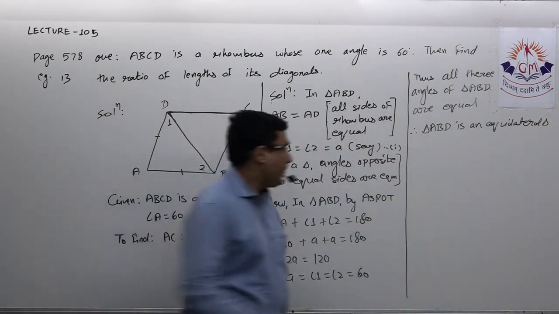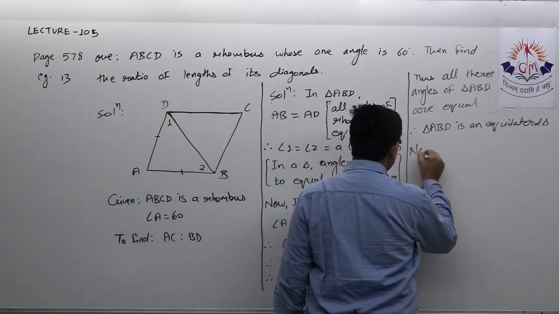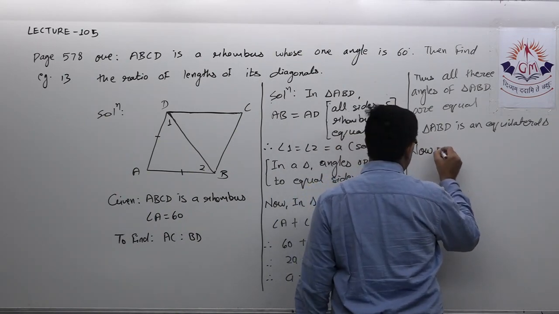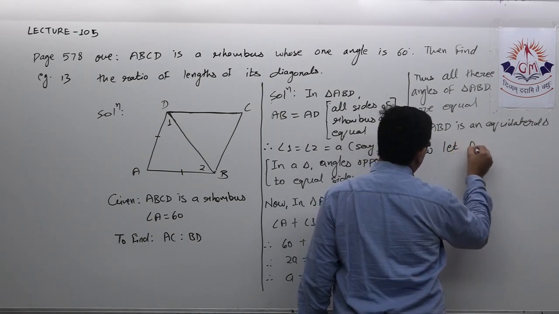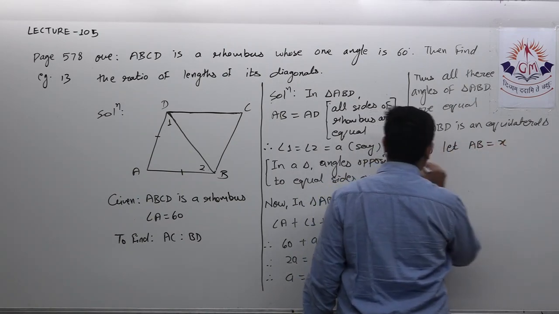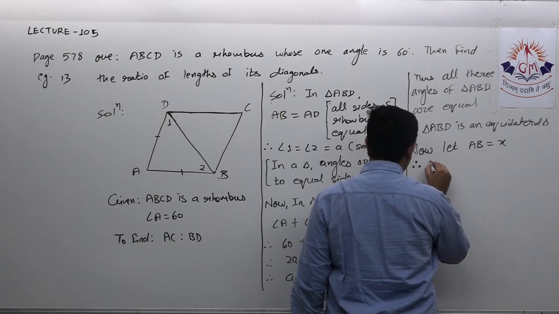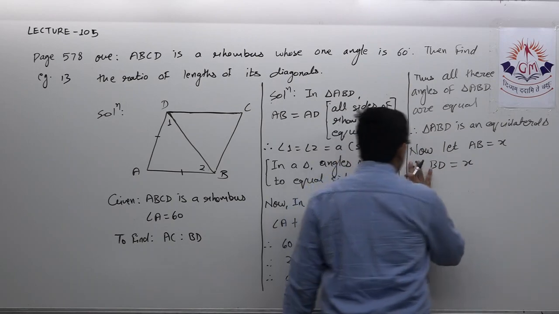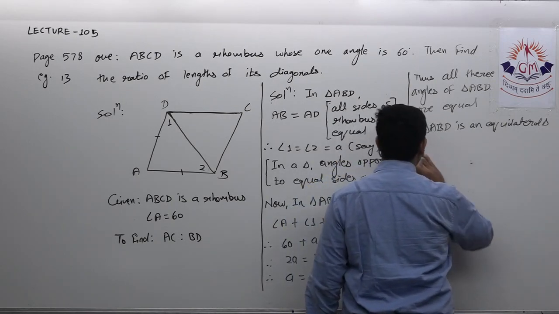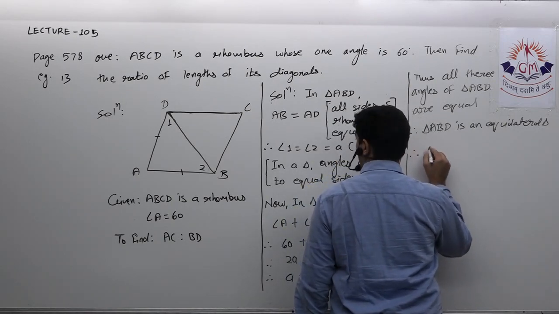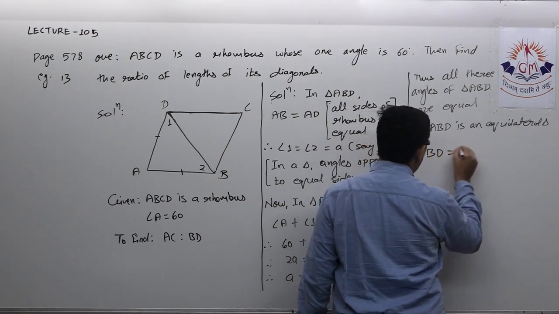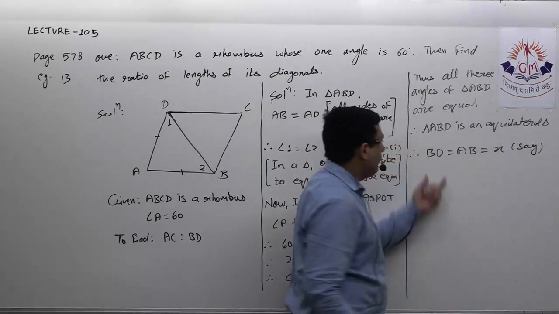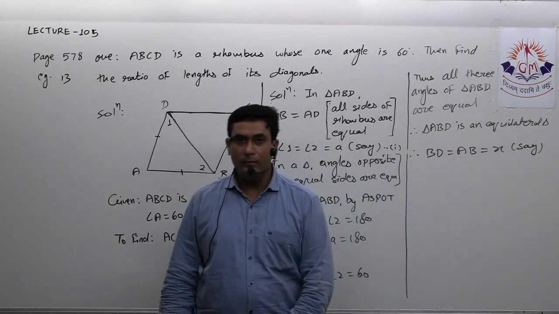Now let AB be equal to x. Therefore, BD is equal to AB is equal to x. So here we got the measure of one diagonal, BD.